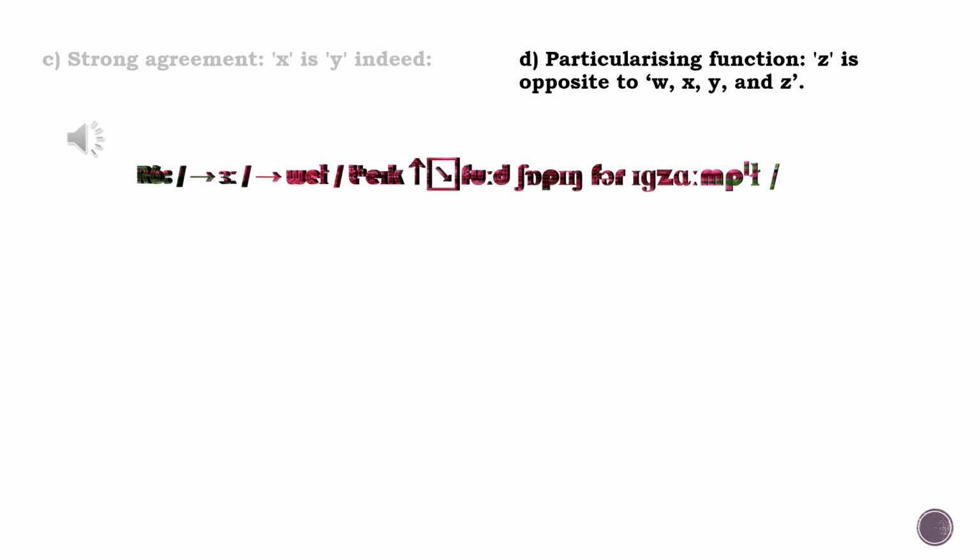The next case is called the particularizing function. And here we also have the idea of inclusion that we had in equivalence. Remember that in equivalence we have one particular function that is called the restrictive use, in which we have a general word and then we have an example of that general word.